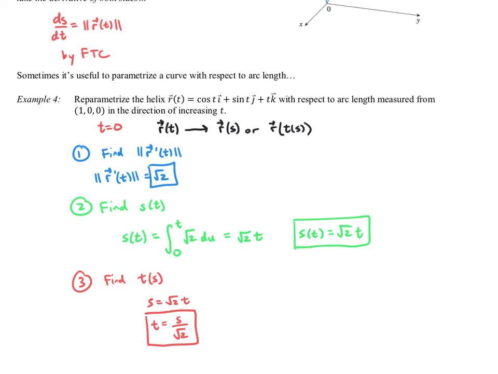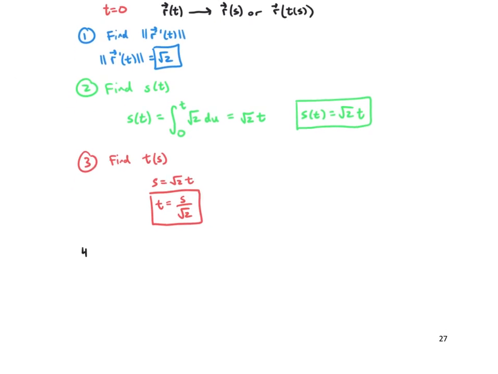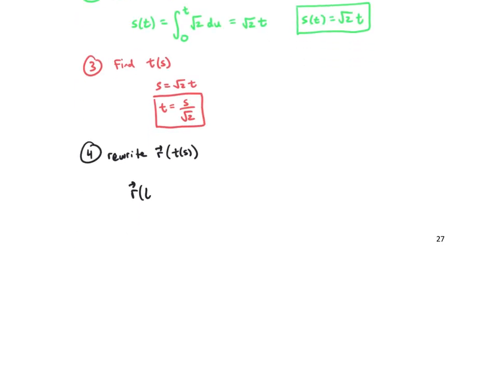Our fourth step is just to rewrite this. So in step number 4, we're going to rewrite the vector function to be in terms of arc length. And really all this is taking the original, and actually, you know what, I'll write down the original so that it's on the same screen here. So we have r of t equal to cosine t, sine t, and then t.